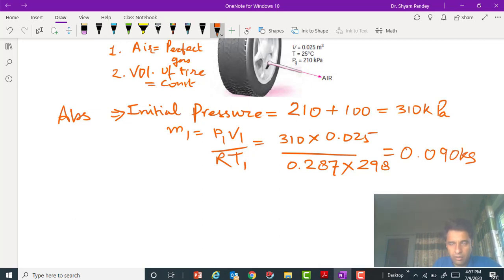kg. Now find out the mass when the temperature rises to 323 Kelvin, or the temperature rises by 50 degrees Celsius, and you are trying to remove the air, as shown in the picture. You are trying to bleed off the air so that it can restore the original pressure. So the pressure will be the same.